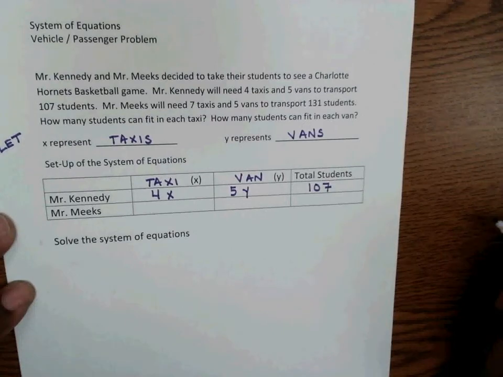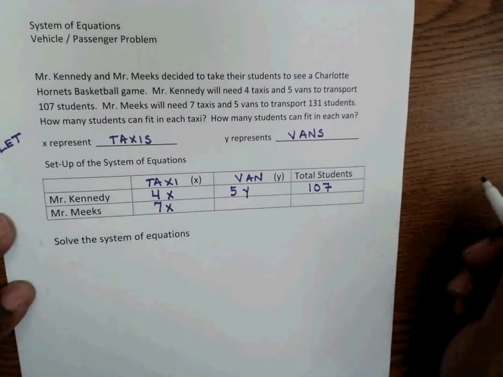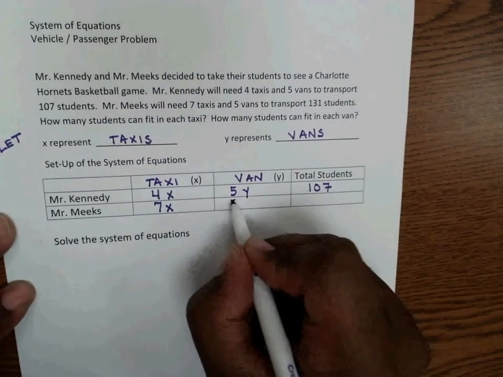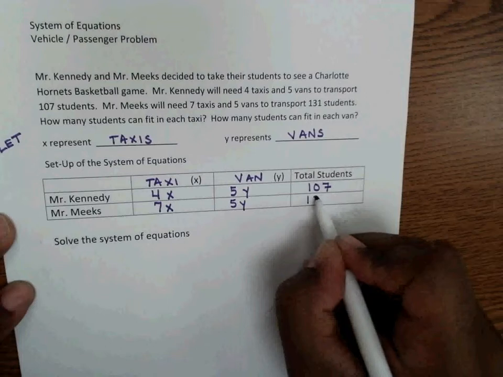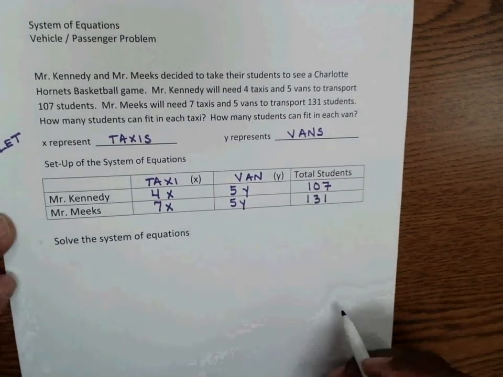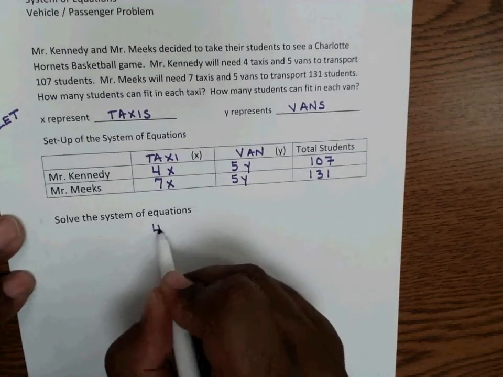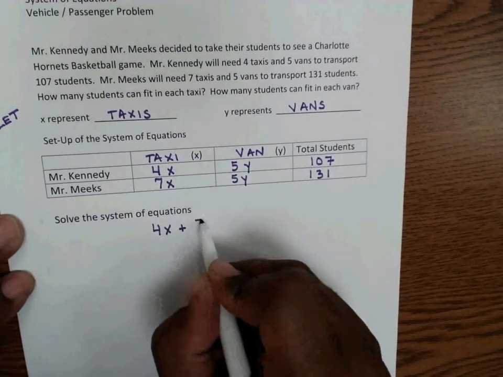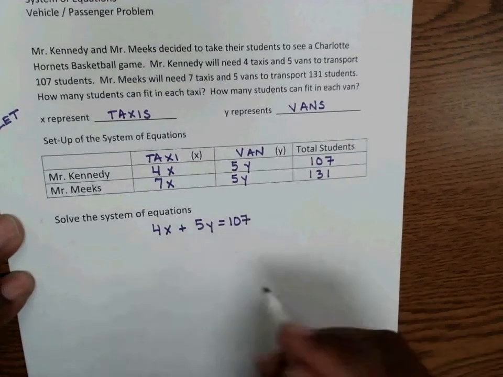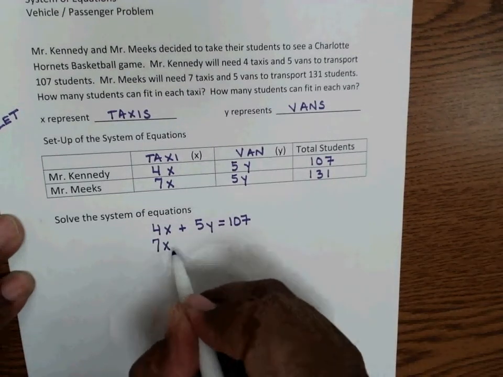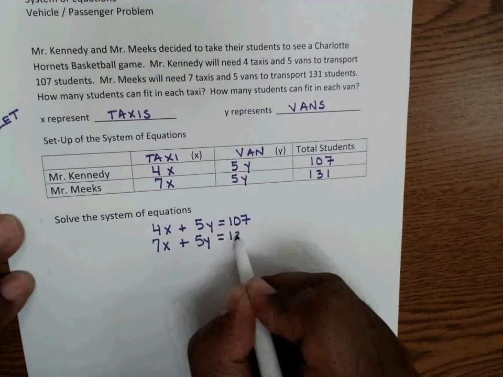For Mr. Meeks, he used 7 taxis, so that's 7x, and 5 vans, 5y, and he transported 131 students. So our 2 equations are 4x plus 5y equals 107, and 7x plus 5y equals 131.